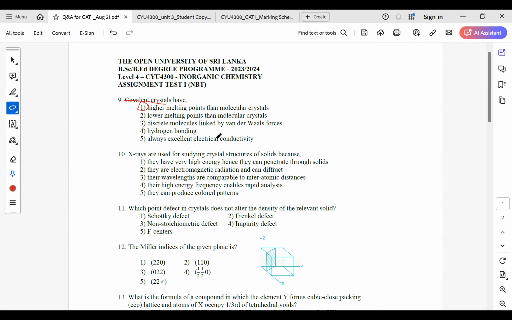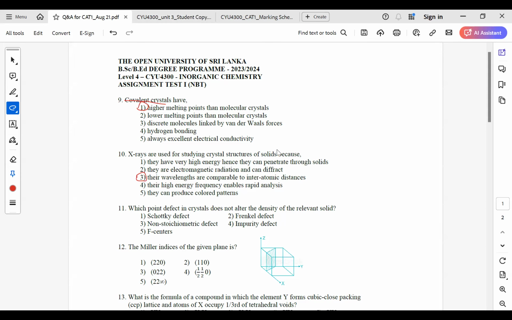Someone is saying the answer is 3. Yes, the answer is correct. It's 3, but can someone explain why it is important that the X-ray wavelength is comparable to interatomic distances? What happens when those distances are comparable with the wavelength of X-rays? Can someone explain? Real quick.